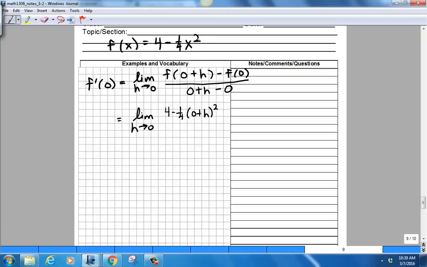So when you plug 0 plus h into this formula, that's what you get. Minus f of 0. So let's see, what's f of 0? That's 4 minus 1/4 times 0 squared. Now I'm just plugging 0 into the formula. All of that divided by h.